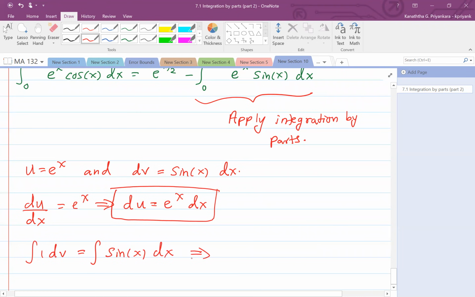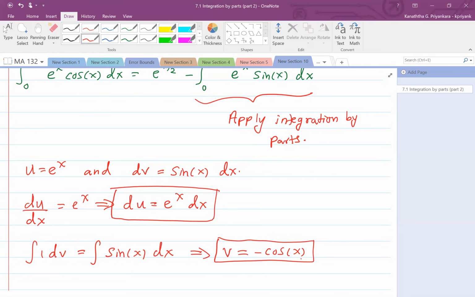The antiderivative of sine x is negative cosine x. If you want to check, take the derivative. The derivative of v is dv over dx, and the derivative of cosine gives a negative sign, so minus negative sine becomes positive sine x. That's what you have here.